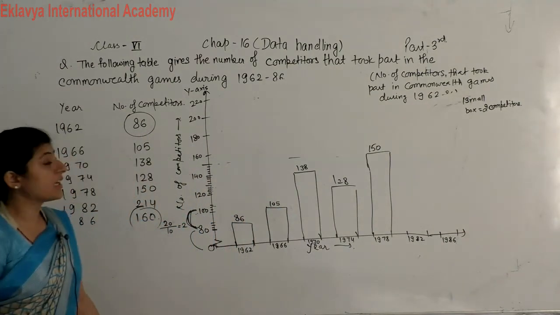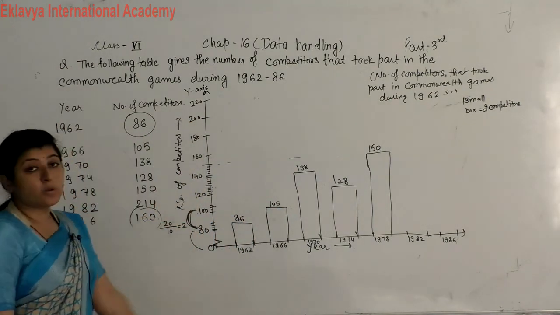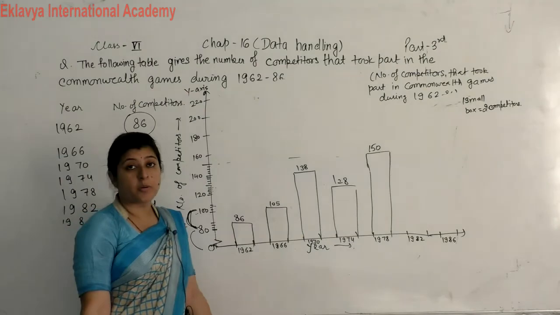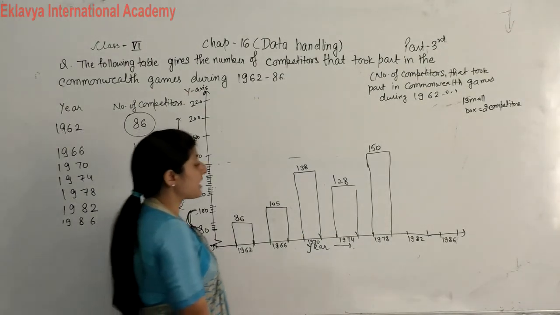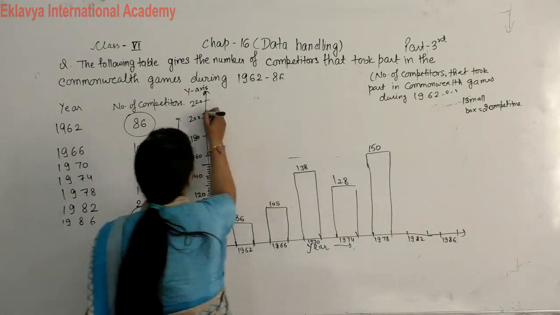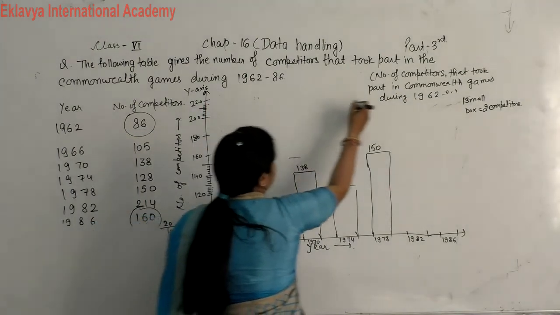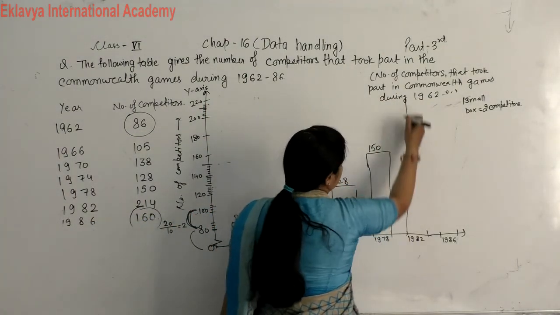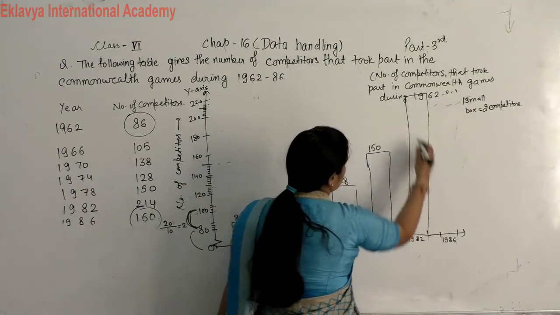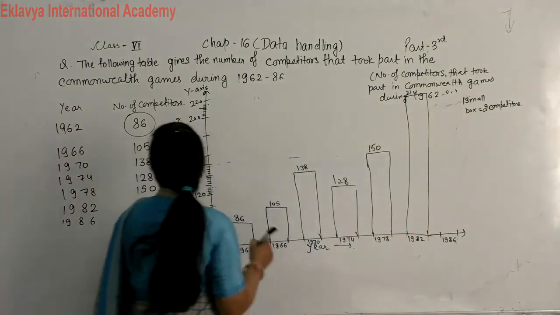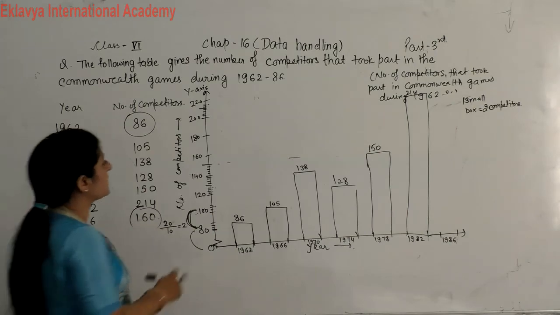Next is 214. After 200 there are 14 more, and 14 divided by 2 is 7. So 7 parts: 1, 2, 3, 4, 5, 6, 7. So there is 214. Last is 160, already given.